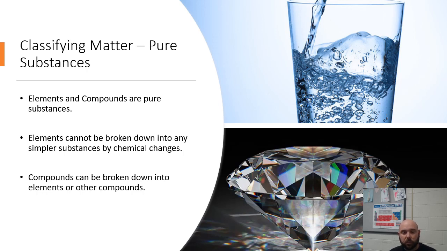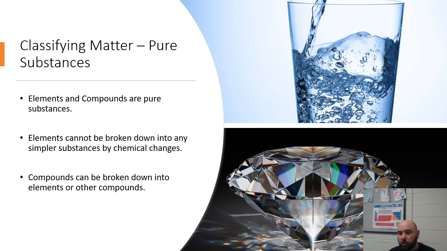Elements, we've already determined, cannot be broken down into any simpler substances by chemical changes. That is because every atom of an element is the same, and we can't break down atoms by chemical reactions. We have to get into nuclear processes to break down atoms, and that's where we start to get into the physics side of things. So elements can't be broken down.